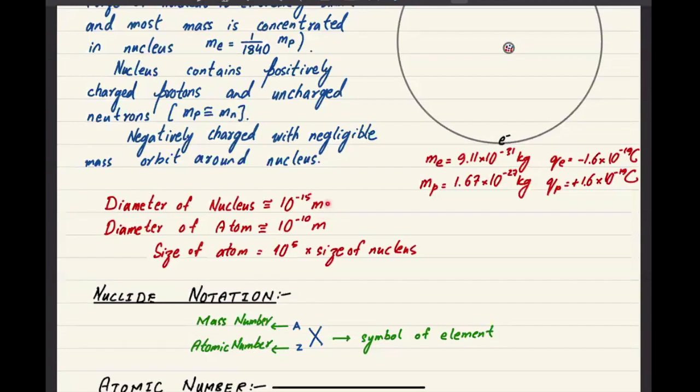The order of the size of the nucleus is 10 to the power minus 15 meters, and the whole atom has a diameter of the order of 10 to the power minus 10 meter. That again re-emphasizes the comparison that the size of the nucleus is extremely small as compared to the size of the atom, about 100,000 times bigger.